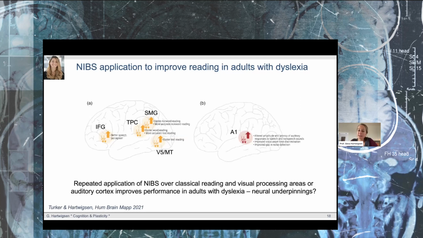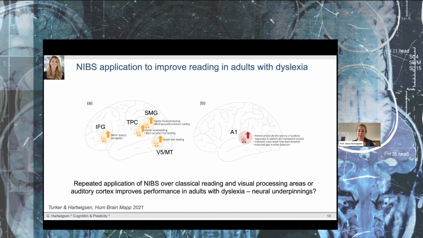So when one thinks about application of non-invasive brain stimulation to improve reading in adults with dyslexia, this has already been done in a number of studies, as summarized here in this review article. Usually therapeutic applications for people with dyslexia require repeated applications of different non-invasive brain stimulation protocols over different areas.